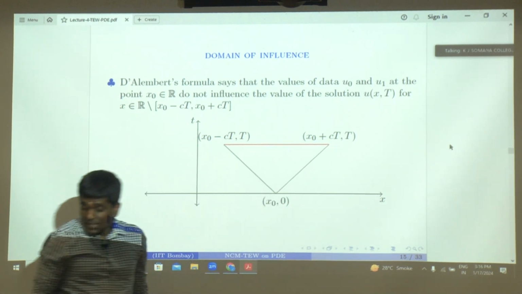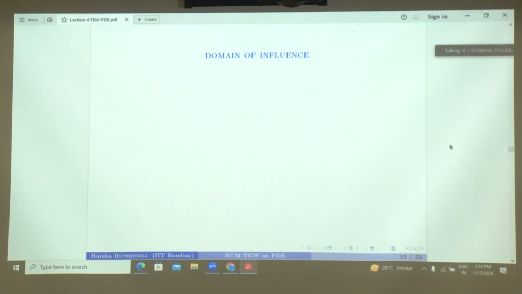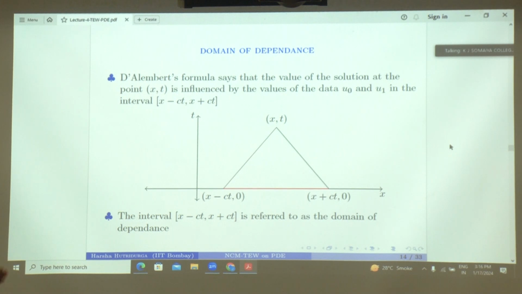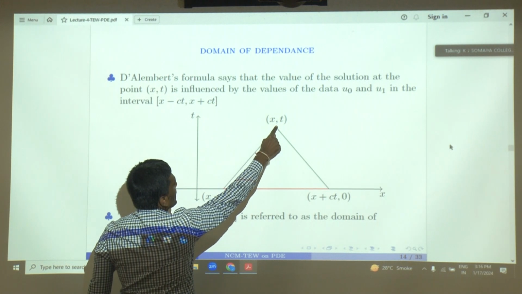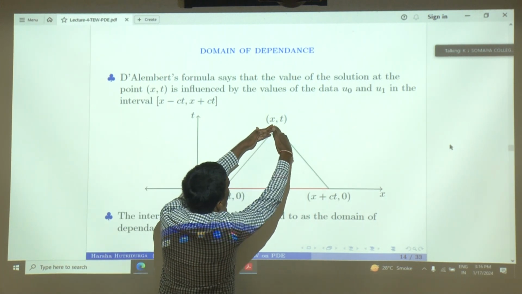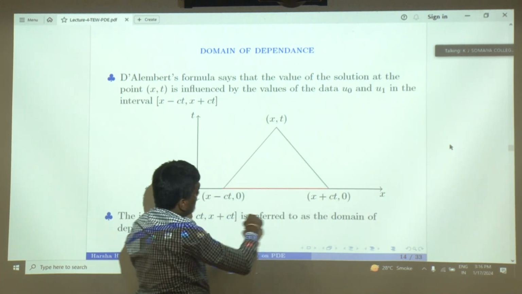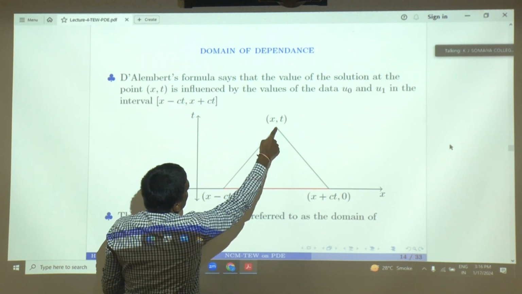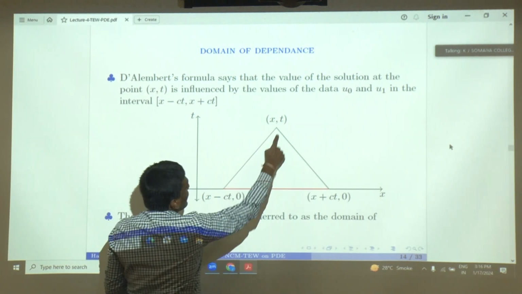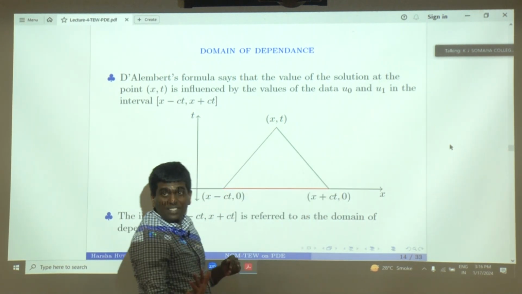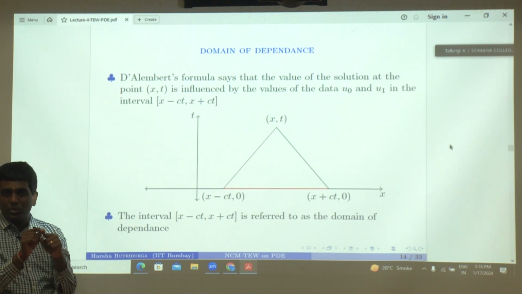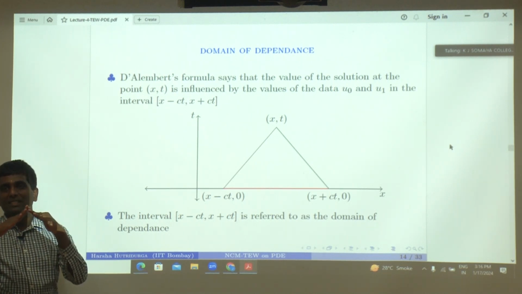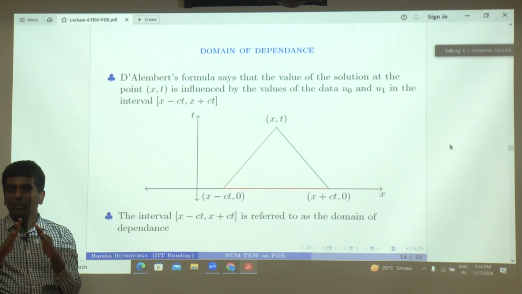From the previous picture, you know what the domain of dependence is. The solution at this point is influenced by the base of this triangle, where one side has slope c and the other has slope minus c. That is the most important thing. So at any point you stand, you draw those two lines, one with slope c and one with slope minus c.